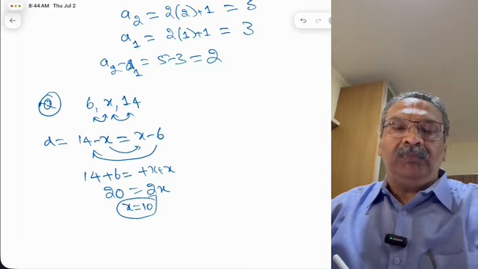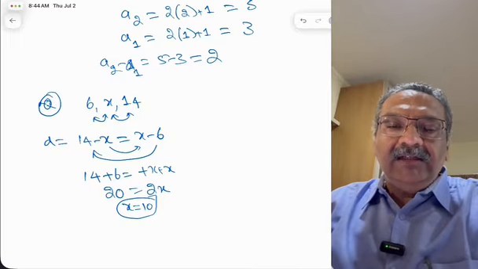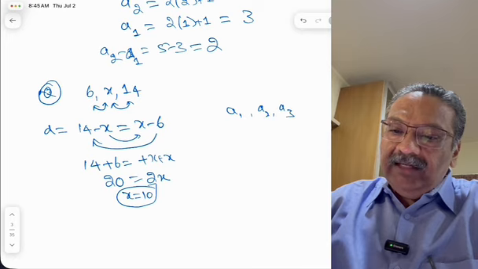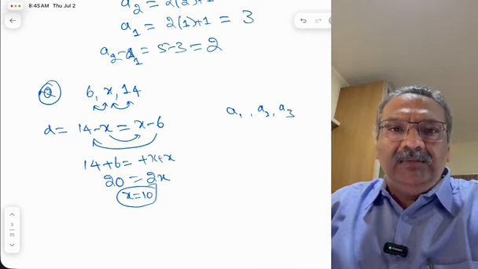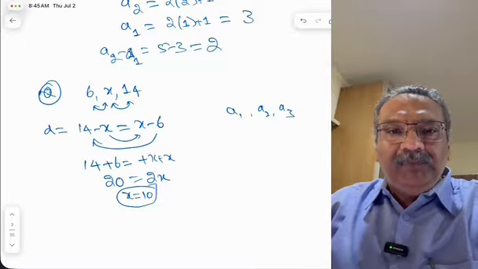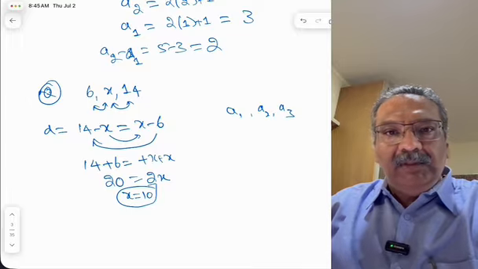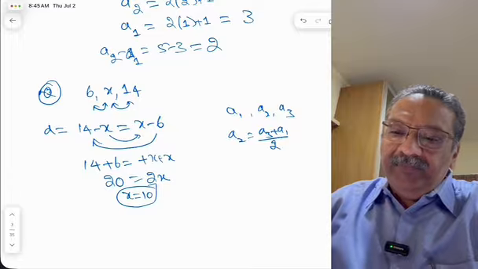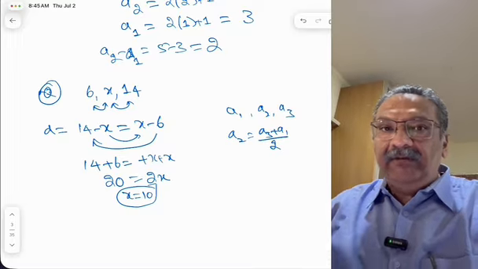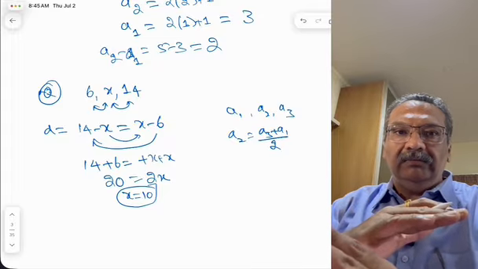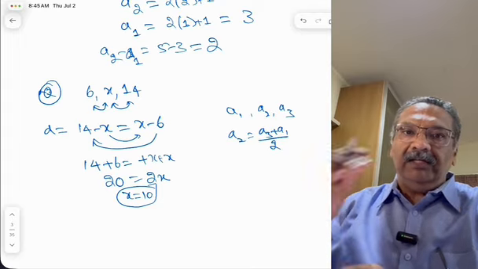This is one way. Another fast way of looking at it is, you all know that when we have three terms, a1, a2, a3, or any three consecutive terms in an AP, then the middle term will be the average of the succeeding term and the preceding term. Here a2 will be the average of a1 and a3. Similarly, a4 will be the average of a5 and the one before it, that is a3. Remember that.